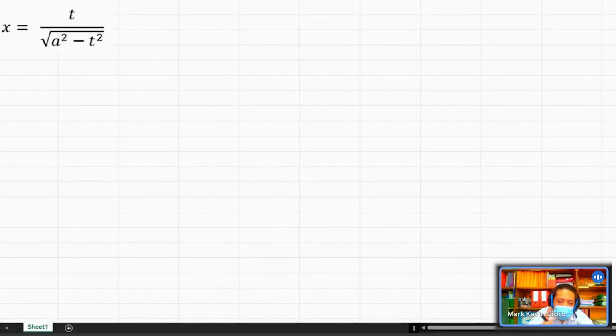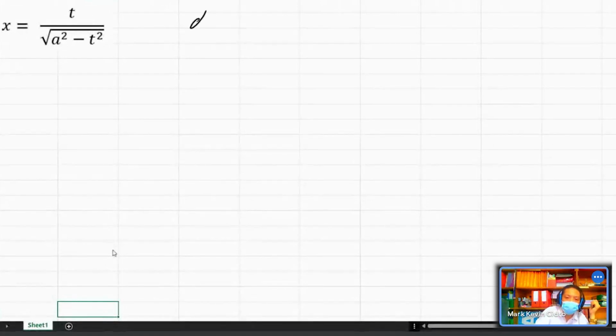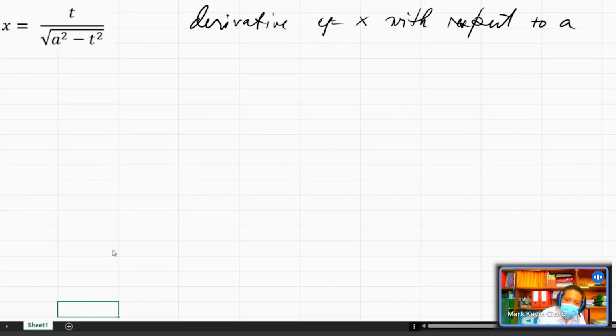Find the derivative of x with respect to a. In this statement, what is the dependent variable?